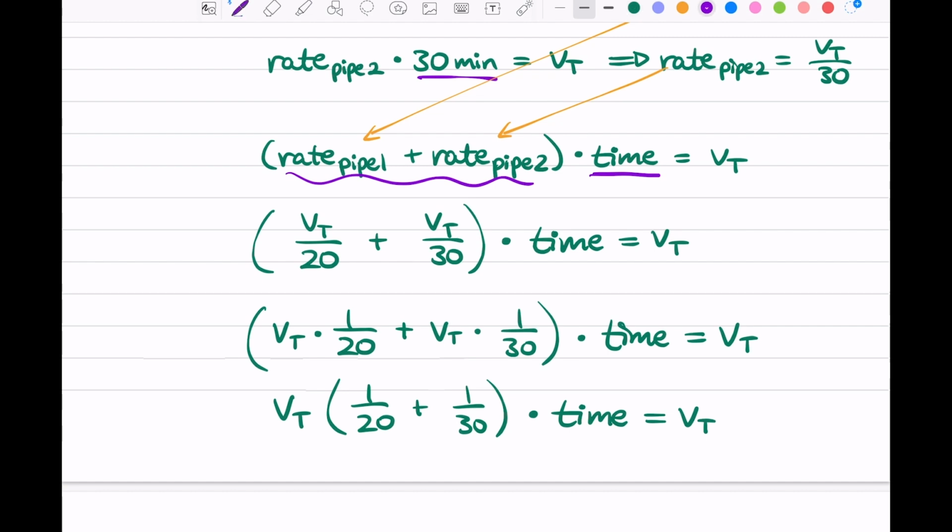Now remember, we're trying to solve for our time. We want to figure out how long it takes for these two pipes to fill the tank. And if you notice, we're multiplying three pieces on the left side. We have our V sub t, our piece in parentheses, and our time. So that means we can divide both sides by V sub t.